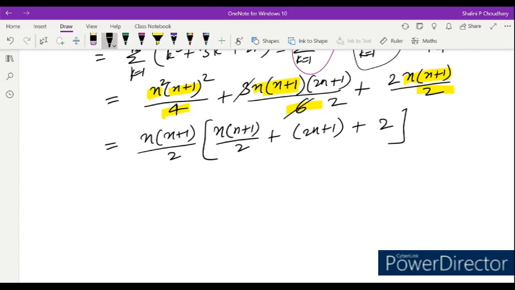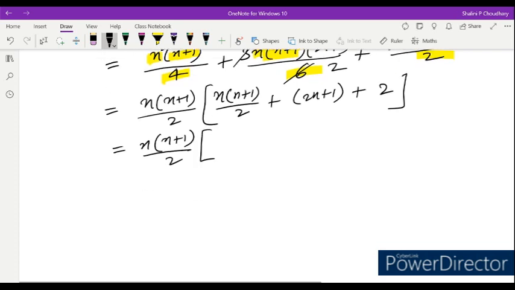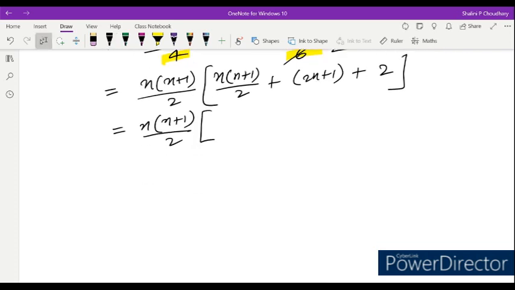Okay, so now what value will we be getting for this one? n into n plus 1 divided by 2 we have written here, and now we'll simplify whatever is inside the bracket. So we'll write n into n square plus n divided by 2, then here 2 into 2n plus 1 plus 2 into 2 divided by 2.